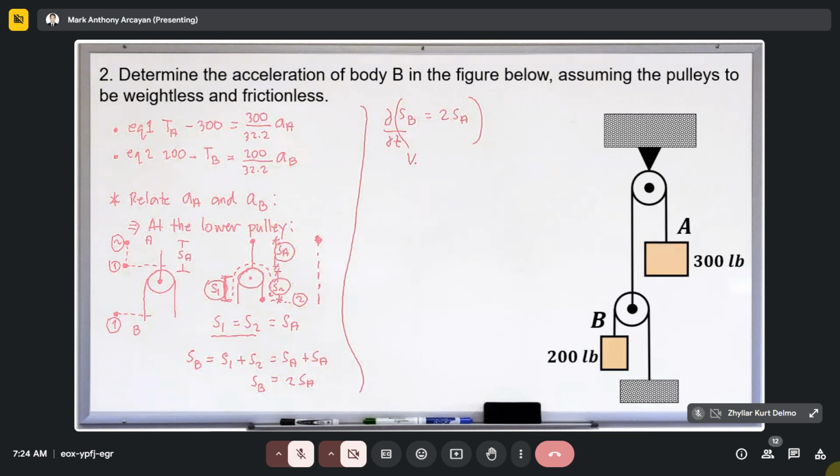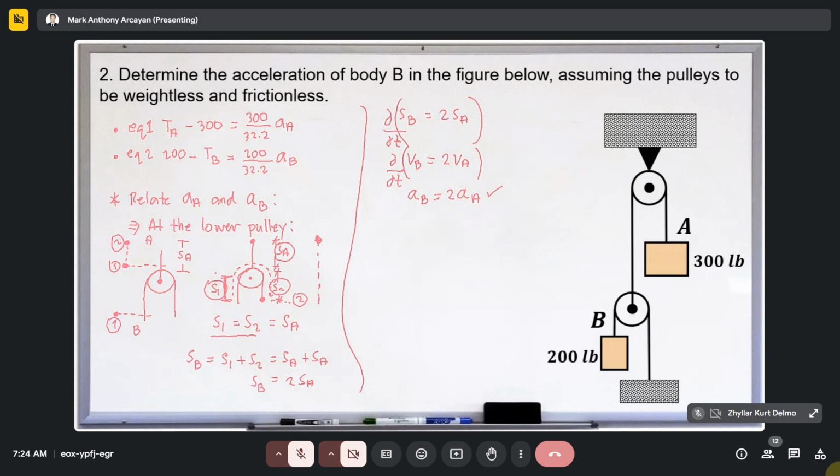We can say that the velocity of B is also twice of the velocity of A. And if we take again another derivative with respect to time, we can come up with this equation that the acceleration of block B is also twice of that of the acceleration of A. And this is what we need for our equations above. Nga sa kani, we can reduce the number of unknowns.